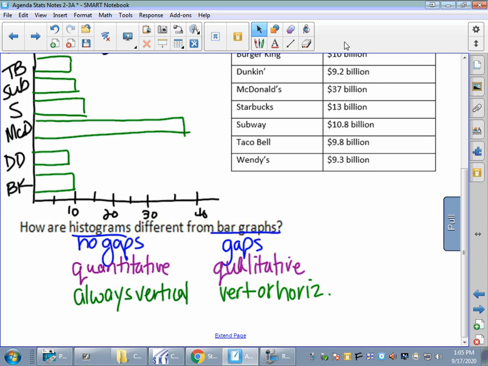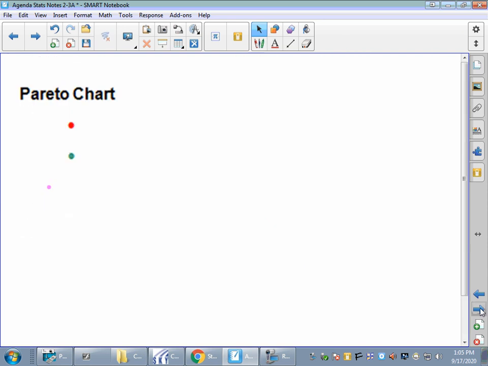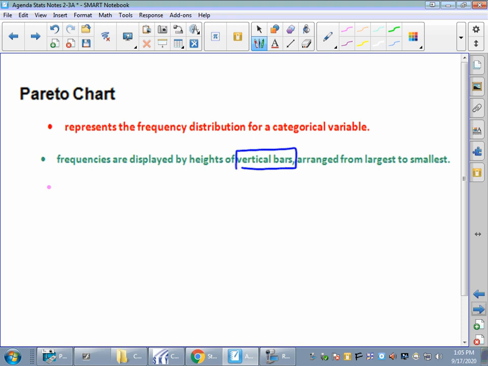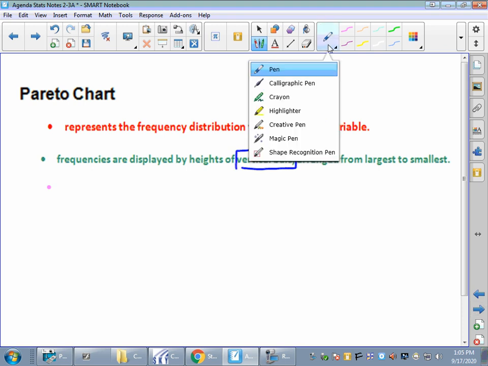So Pareto charts are something new. Pareto charts are just a modified bar graph. It's the frequency distribution, just like a bar graph. The frequencies are displayed by the heights of verticals. So please note, it has to be vertical. But here's the key difference.